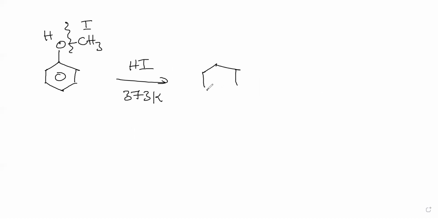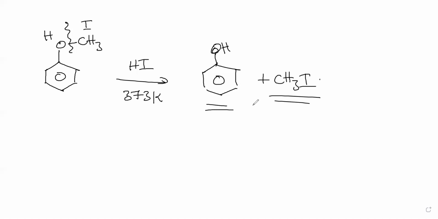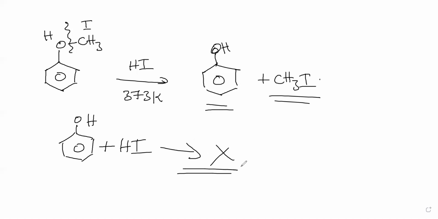So you have phenol plus CH3I. Further reaction of phenol with HI will not take place. Up to here it will stop. That's why we write two steps.